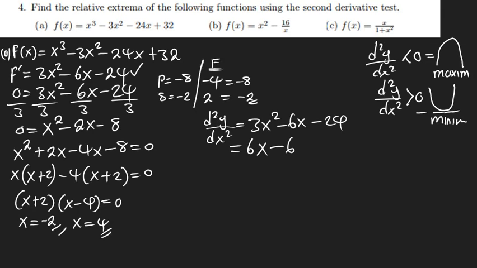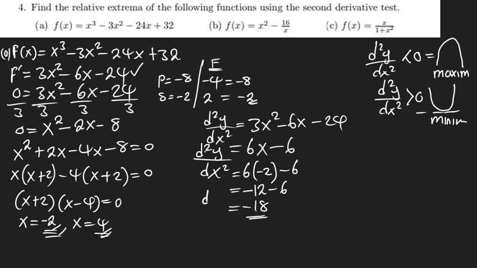So the critical points that you found are what you shall be using to test. This is supposed to be d to the power 2y over dx to the power 2. So now let's test. I'm going to get 6, then I'm going to put negative 2 here. Notice that I'm getting negative 12 minus 6, which gives me minus 18.